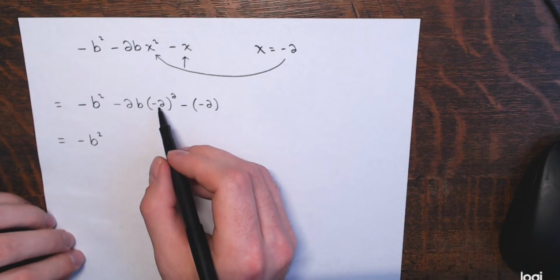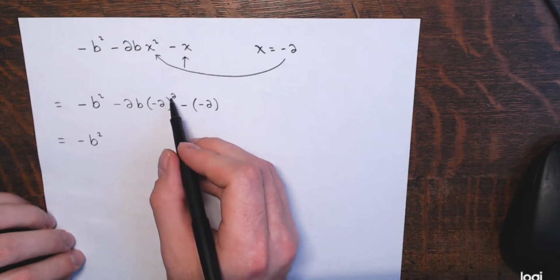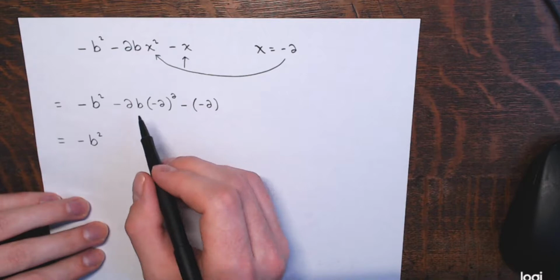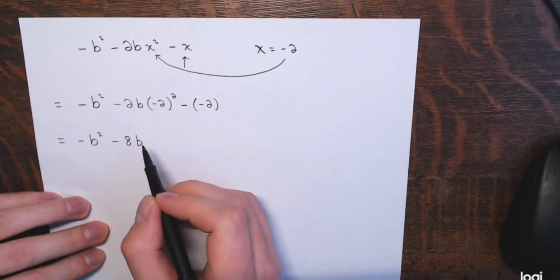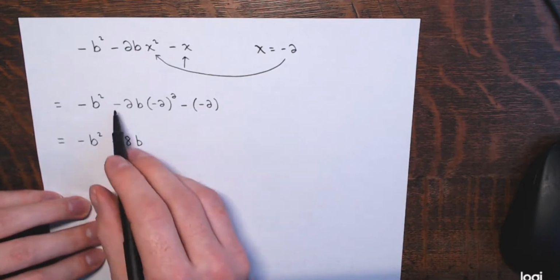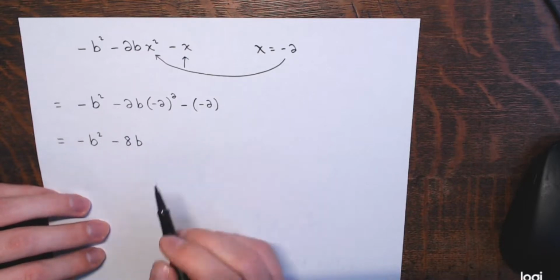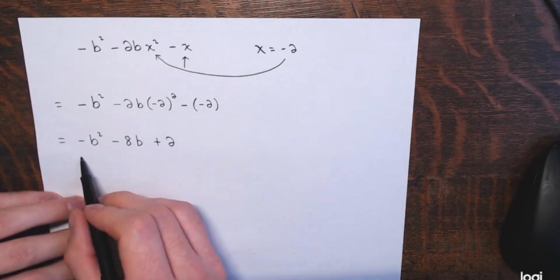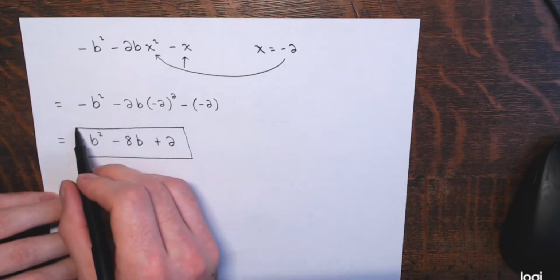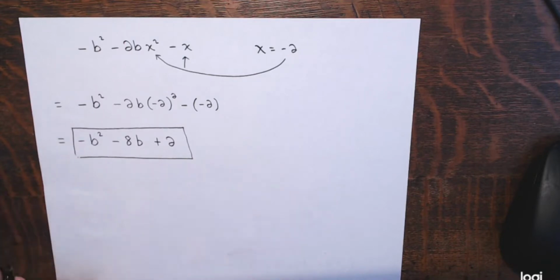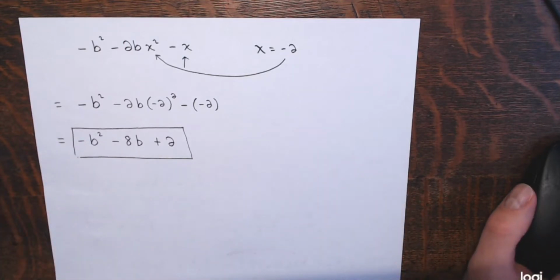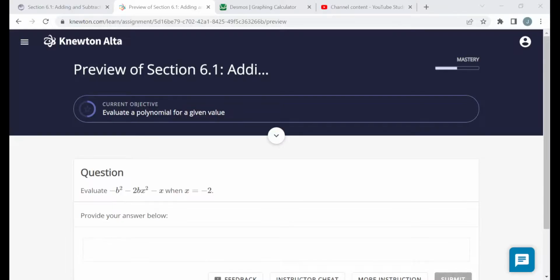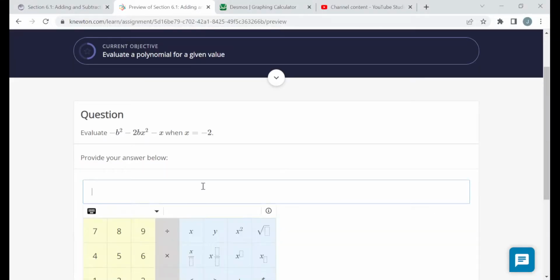Now, negative 2 to the second power is positive 4, times negative 2b would be negative 8b. 2 times 4 is 8, and you have a minus in front still. And then minus negative 2 is plus 2. That's as simple as that gets. None of these terms are like. None of them have the same variables to exactly the same powers. So negative b squared minus 8b plus 2.